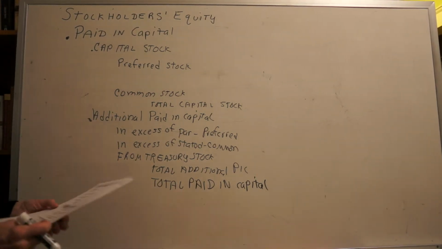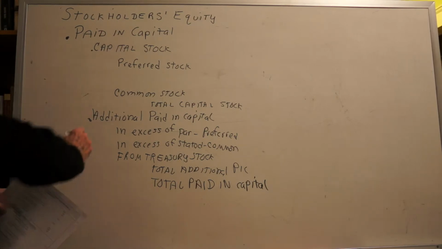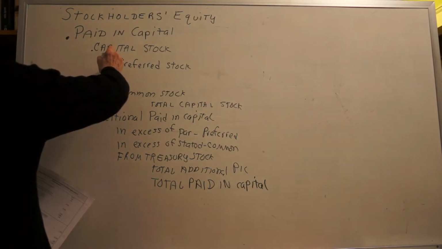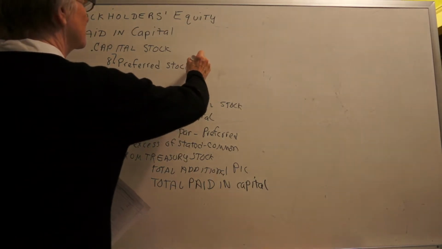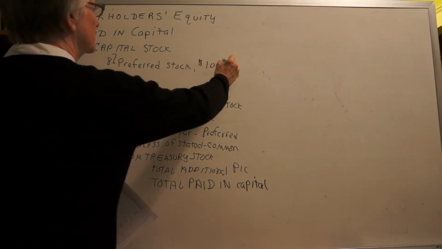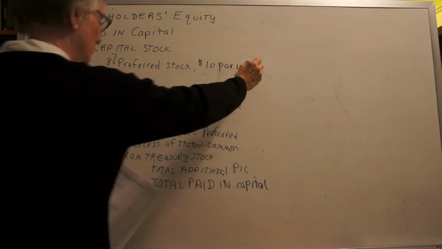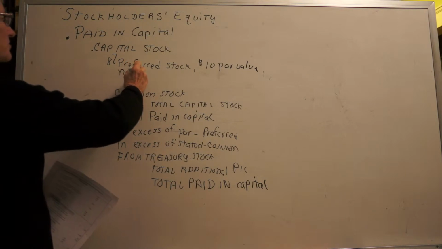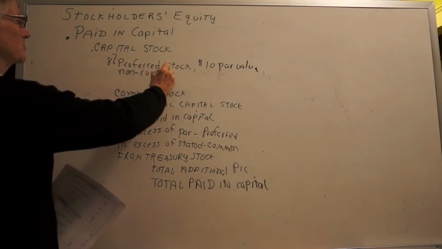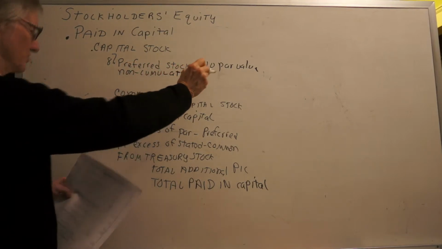Then you also have to add more detail to this. If it's preferred, you have to say it's 8% preferred. That's the amount of the dividend. You have to say that it has $10 par value, if that's what it has. You would have to say it is cumulative or non-cumulative. Remember all these terms from earlier in the chapter. So this will be non-cumulative.